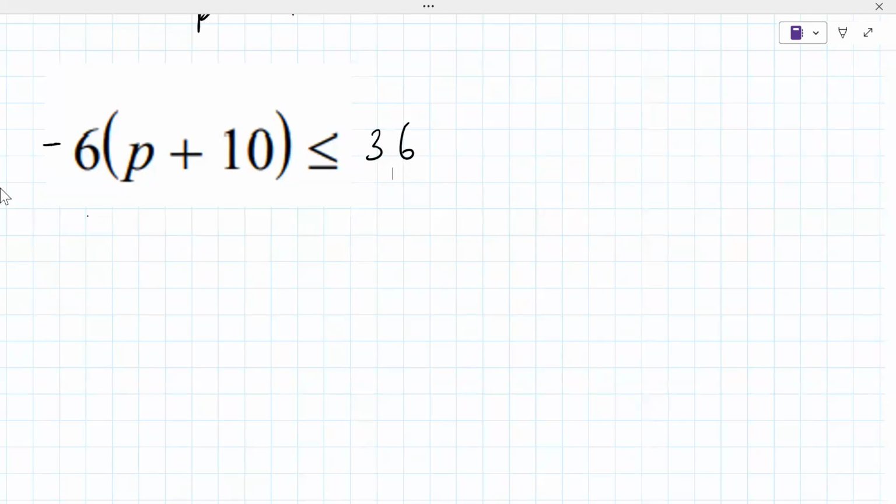P is greater than or equal to -16. Like this? Yes. That is correct.